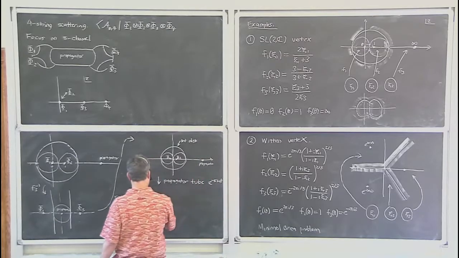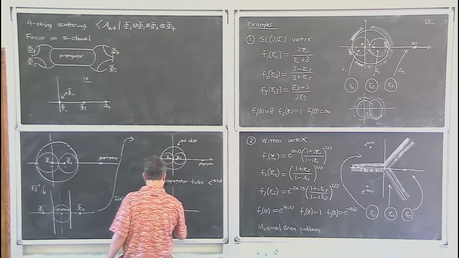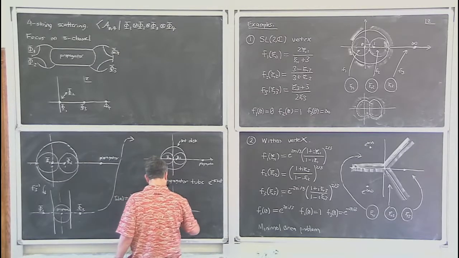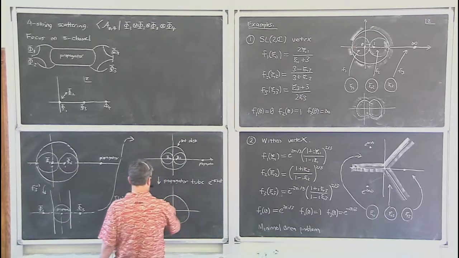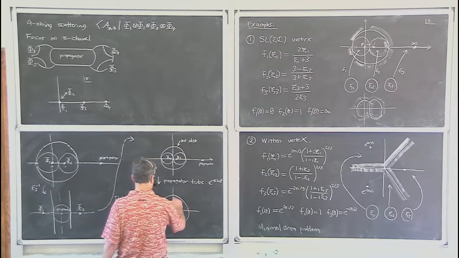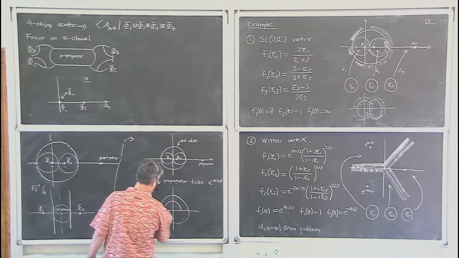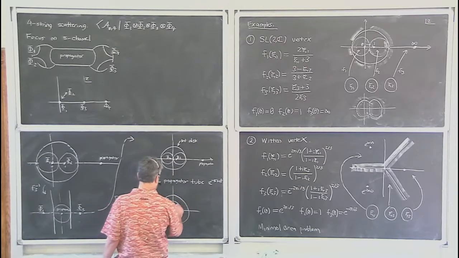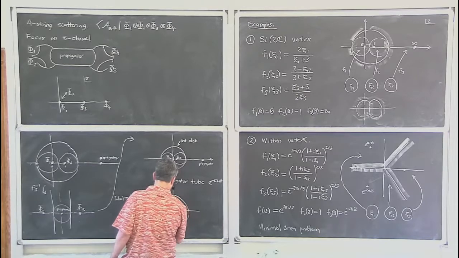Okay, and this will give a picture where you still have the unit disk. But now the unit disk that we started with will be shrunk by the factor of e to the minus s and rotated by a factor of e to the i theta.